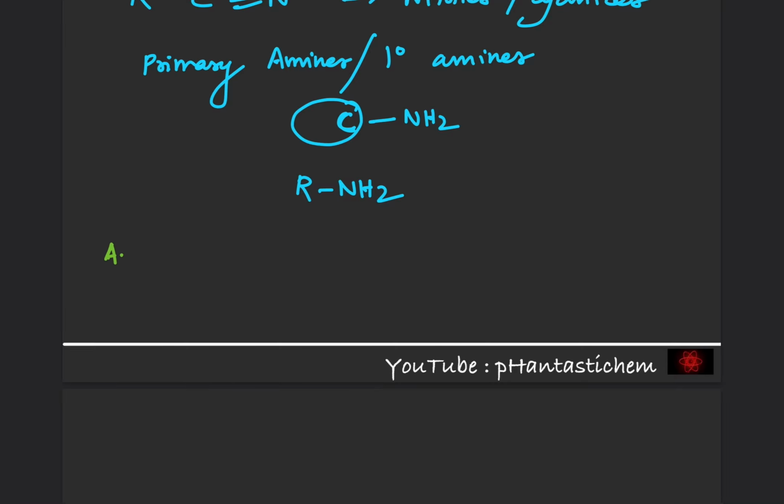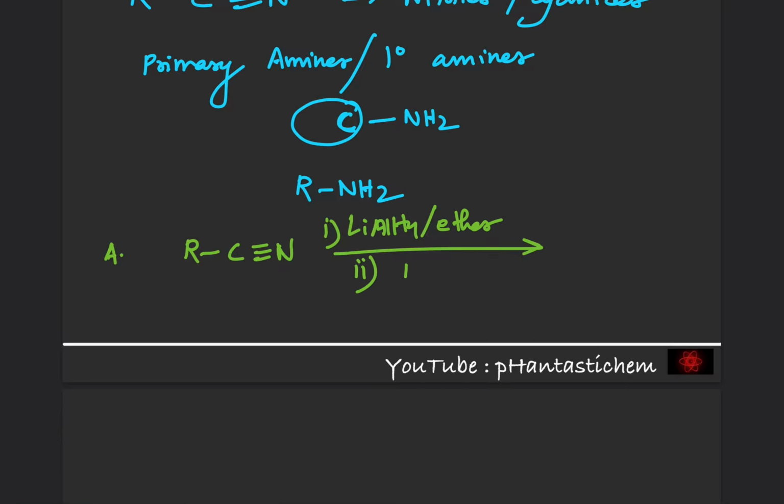The first reagent is lithium aluminum hydride, and in the first sequence we have lithium aluminum hydride and the second one is water. So whenever we have a cyanide or nitrile, that is RC triple bond N, and first it is acted on by lithium aluminum hydride, which is usually dipped in ether, and the second reagent is H2O.